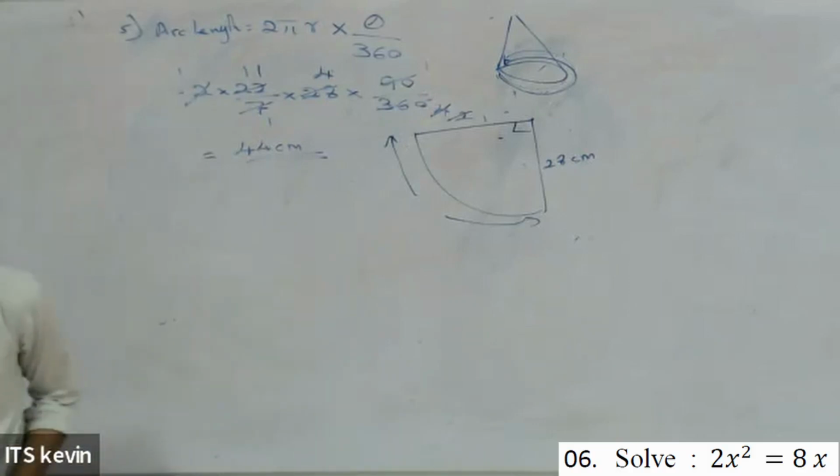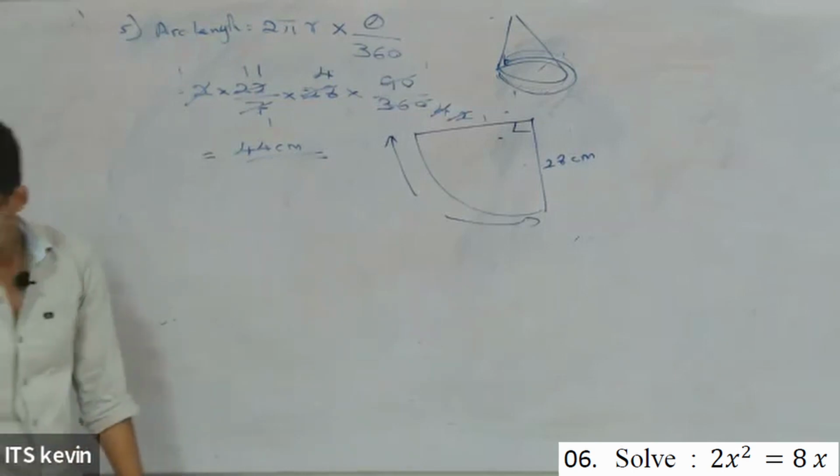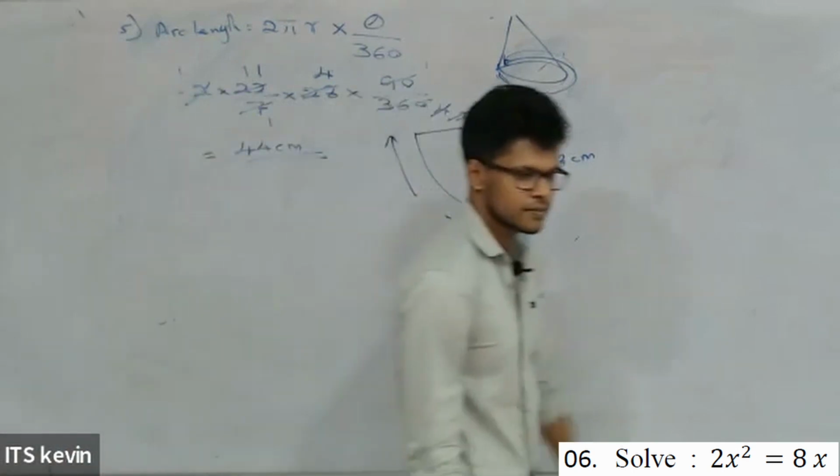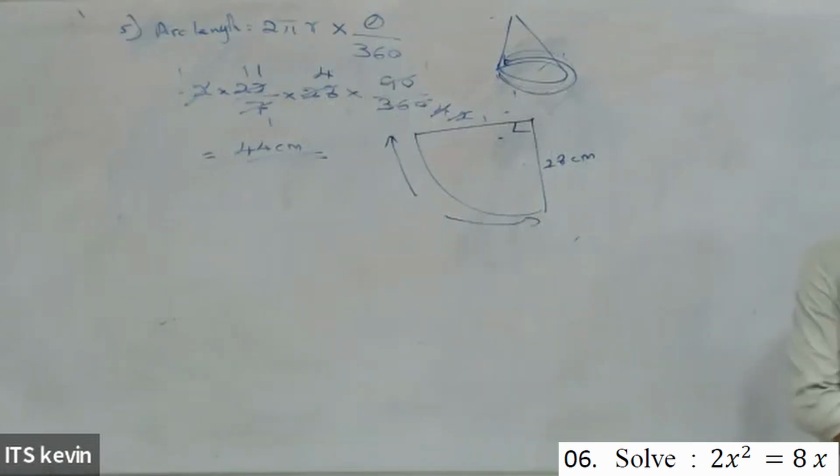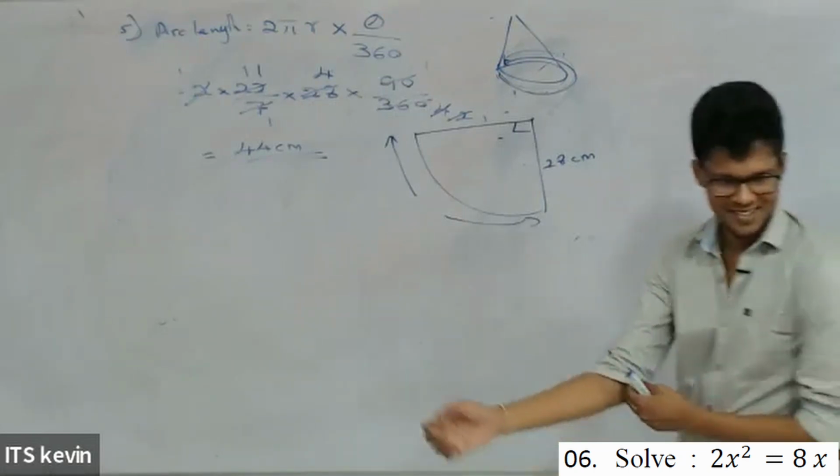Next one, find x. What is the value? x equal to 4. How about others? Zainab, what is x? Arkam? Only 4.